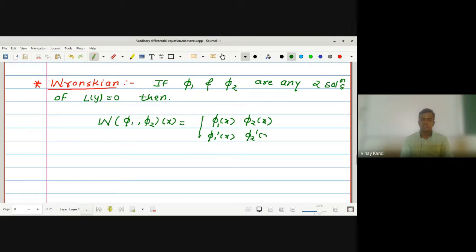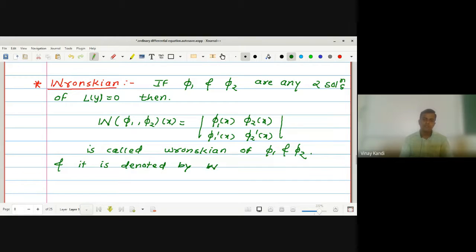Now this is called the Wronskian of phi 1 and phi 2, and it is denoted by W of phi 1, phi 2 at point x. Okay, this is called the Wronskian.